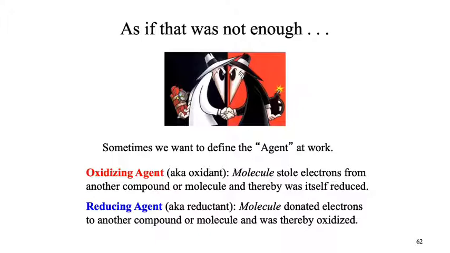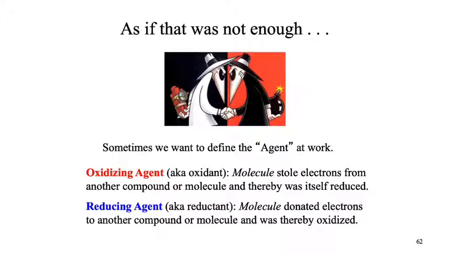Oxidation. Where did you lose those electrons to? To me. So what happened to me? I gained electrons, so thereby I was reduced. What did I say I was to begin with? The oxidizing agent is reduced. The reducing agent is oxidized.